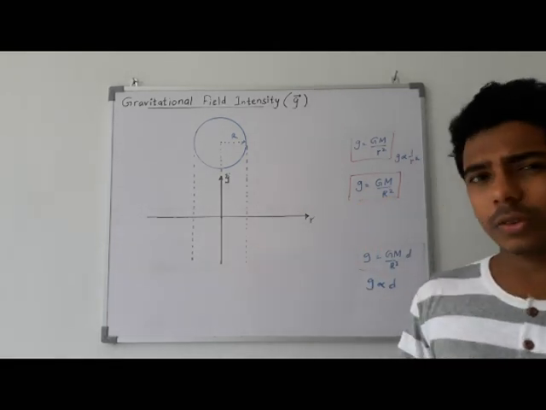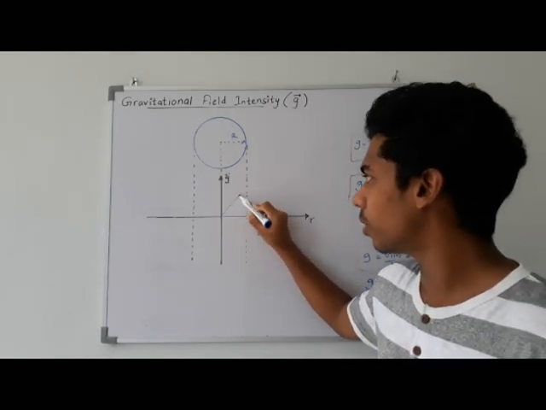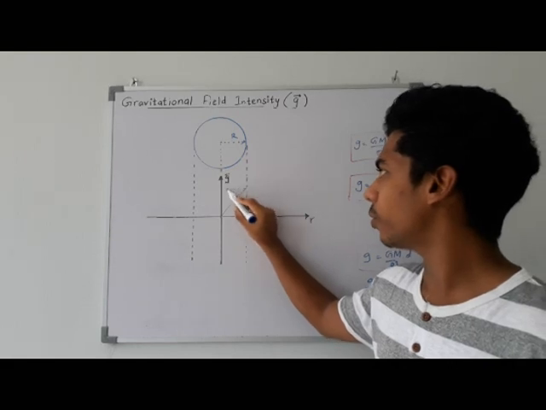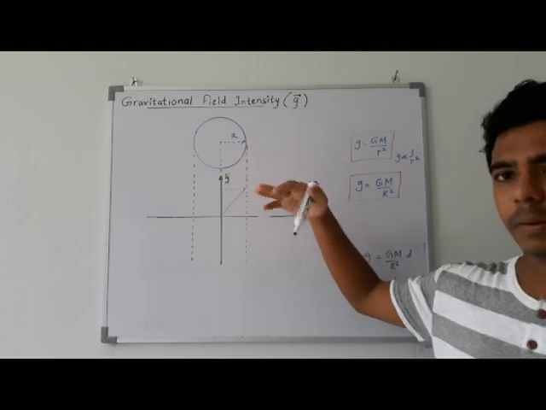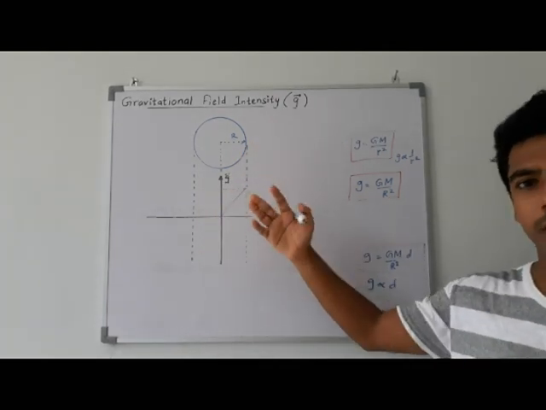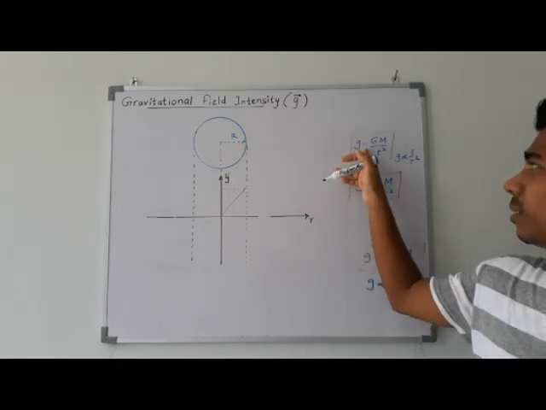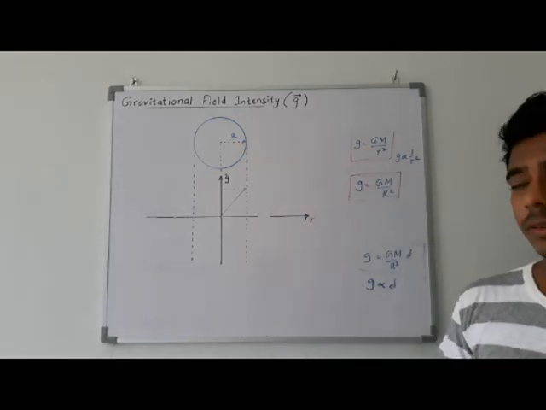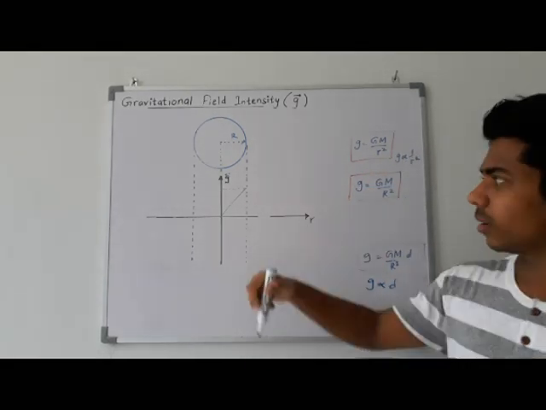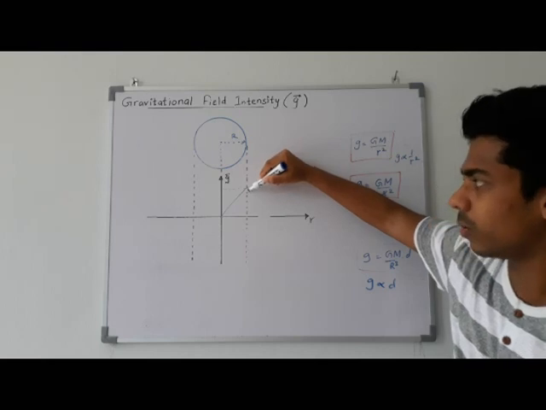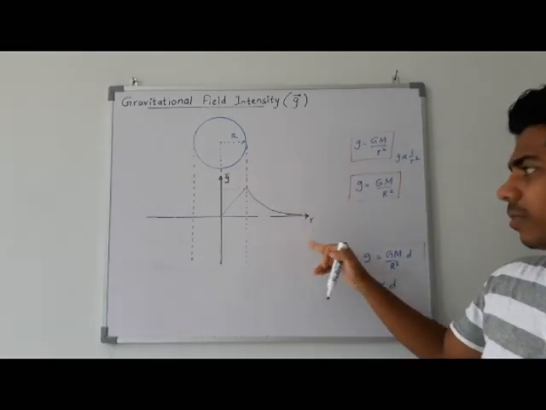So always consider these details and write it, so it's going to be like this, and this value we know is GM over R squared. And for distances away from the earth's surface, it's going to be GM over r squared. So it's inversely proportional to the square of the distance. That means it's going to decrease. So we know it's going to be like this. So at infinity, the gravitational field intensity becomes 0.